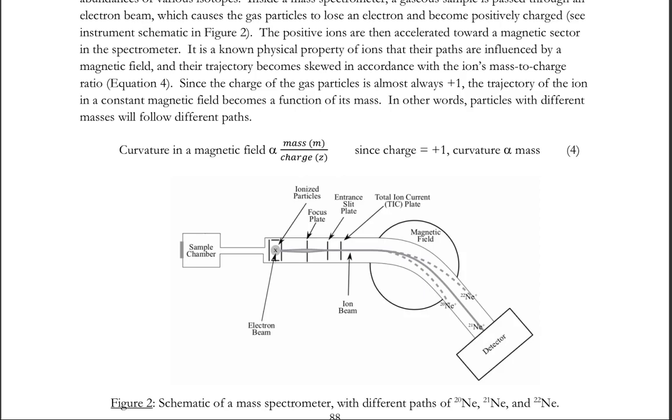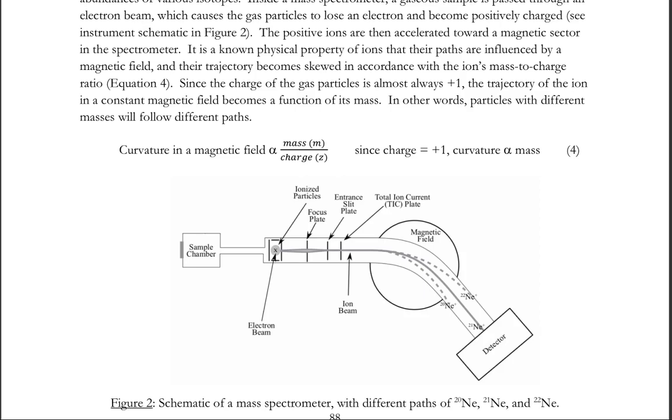They are sent through an electric field, which accelerates them. When they encounter a magnetic field, their pathway is bent. It is bent most for the lightest and least for the heaviest. So neon 20 would be bent the most, neon 21 in between, and neon 22 the least.